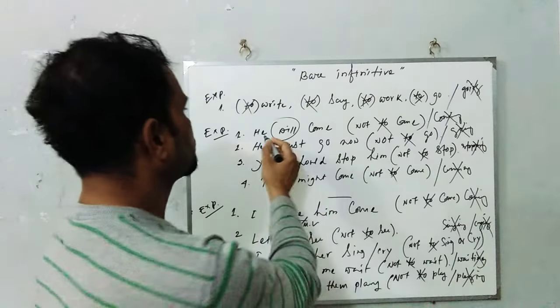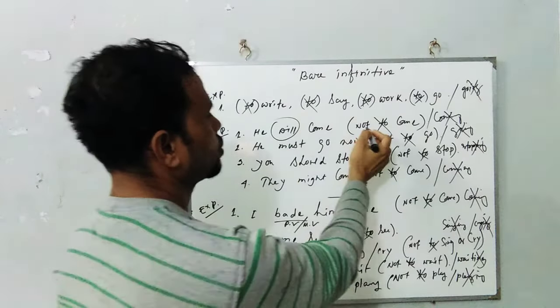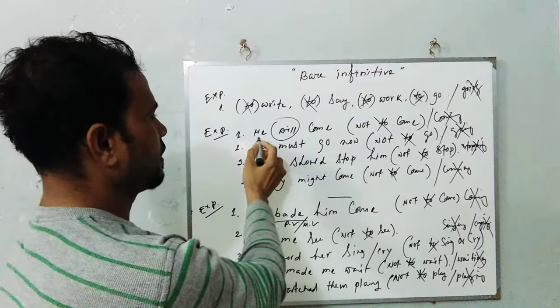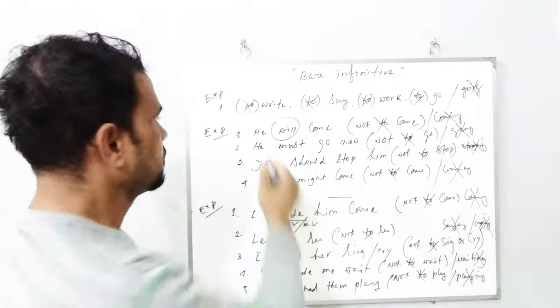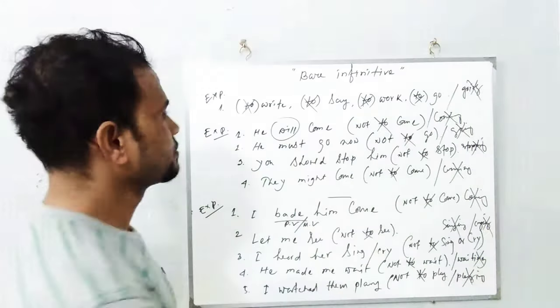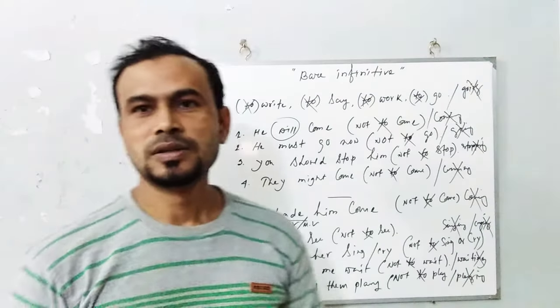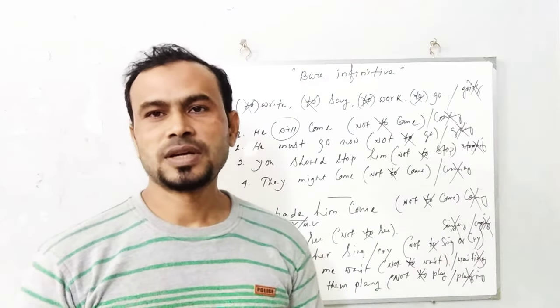So you can see, my friend, he will come, not "to come" or "coming". We cannot say "he will to come" or "he will coming". Those sentences are not correct.